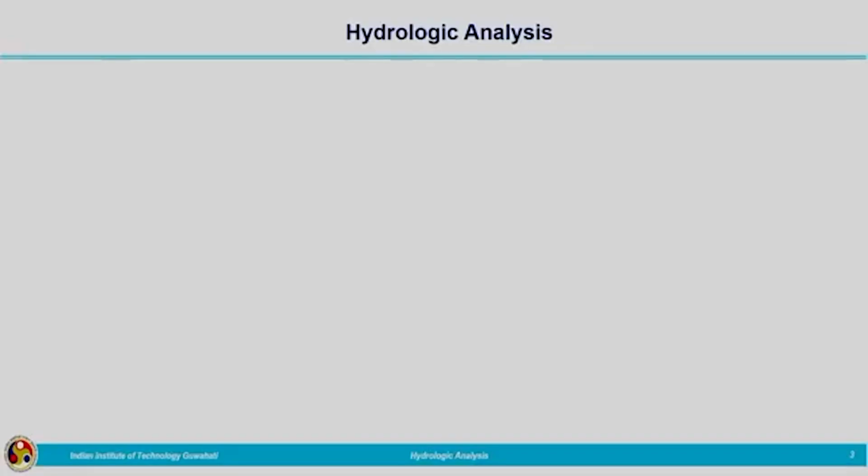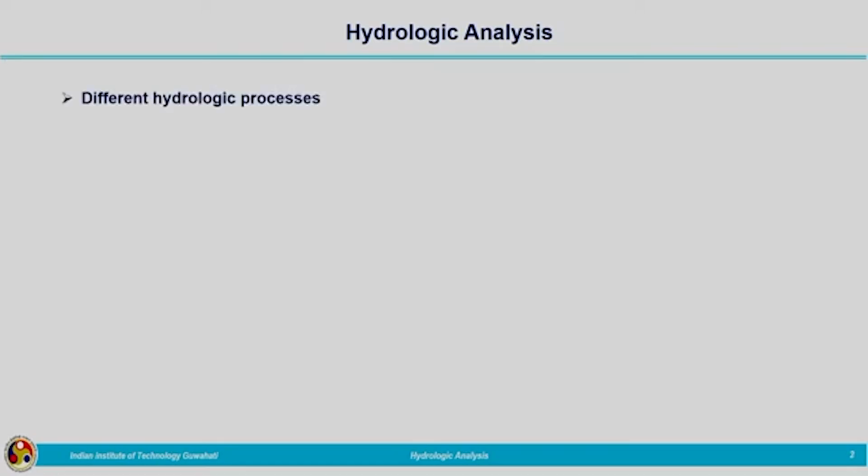These things we have already covered. So now we would like to know how to study these processes or how to utilize these processes for understanding the impact of these events on a hydrologic system or on the catchment. So let us move on to the introductory lecture on the hydrologic analysis.